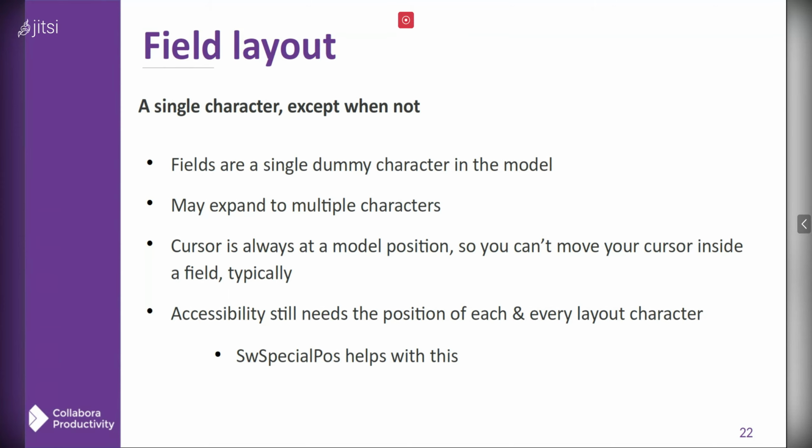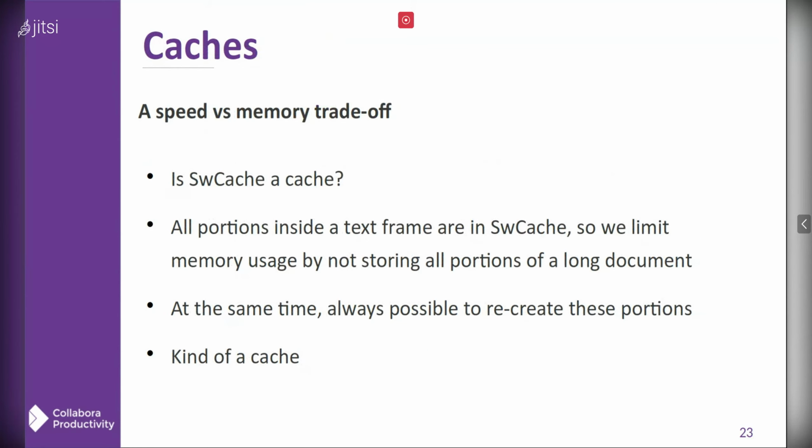Now, most of the Writer layout calculation is working in a way that if something is outdated, then we will recalculate that. But we still have something called an SW cache. You can argue if that's an actual cache or not. I guess that's somewhat interesting. On one hand, it's not really a cache because this is really information, or any portion inside the text frame is actually in this SW cache.